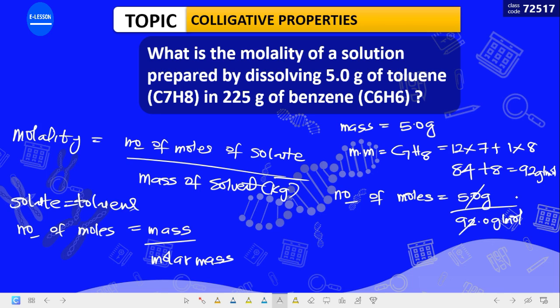When this cancels out, what do you think we are going to have? 5.0 divided by 92.0. 5 divided by 92 is 0.054. So we have 0.054 mole.